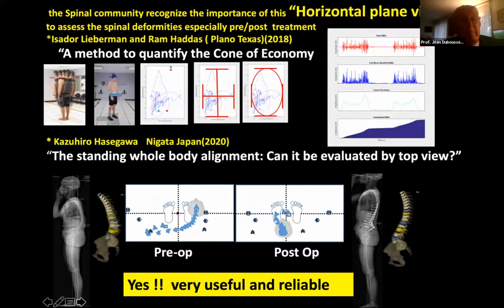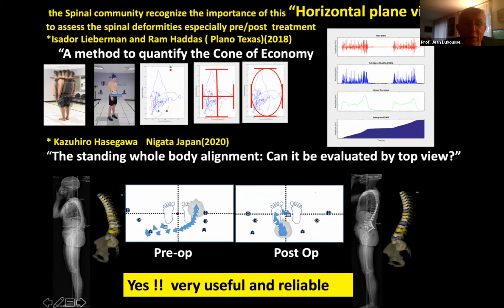And this became recognized, this horizontal vision. And you know very well the work of Isadore Lieberman and Ram Adams from Dallas that designed a method to quantify the cone of economy. And perhaps also you know the work of Kazu Azewaka from Japan that showed the whole body alignment.